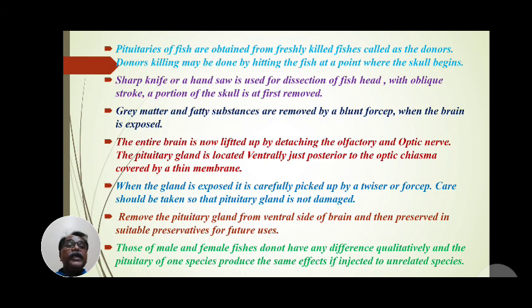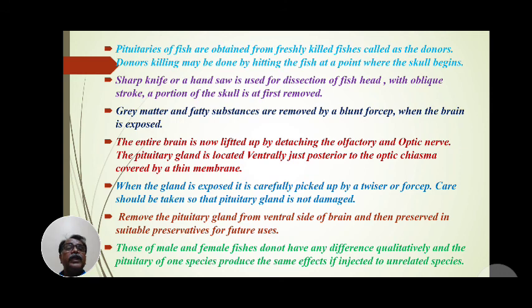Then the entire brain is lifted by detaching the olfactory and optic nerves. The olfactory nerve is present in the olfactory lobes, and the optic nerve is present in the optic lobe. These nerves are cut and detached.